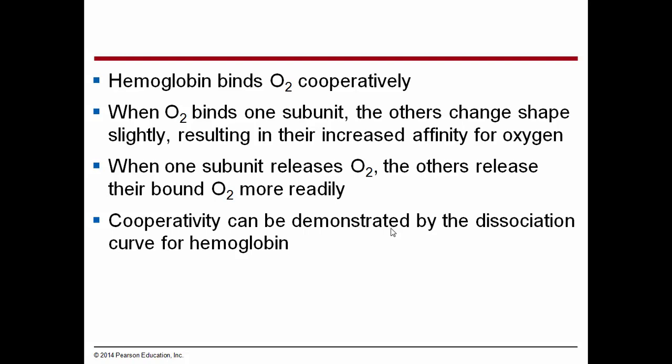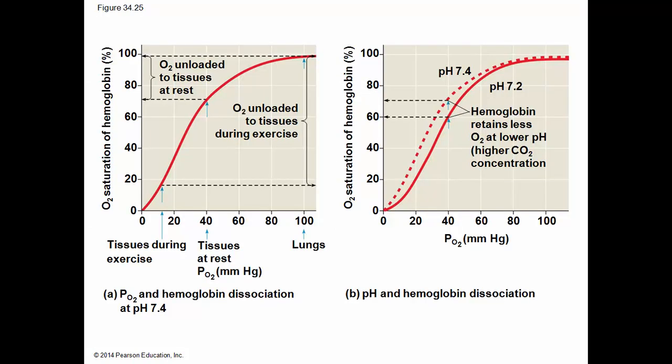Cooperativity can be demonstrated in the dissociation curve for hemoglobin. Okay, so here basically we have oxygen at a pH of 7.4, oxygen saturation in the various tissues. The curve shows the relative amounts of oxygen bound to hemoglobin.